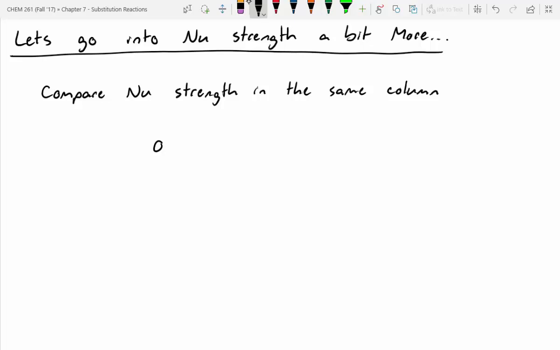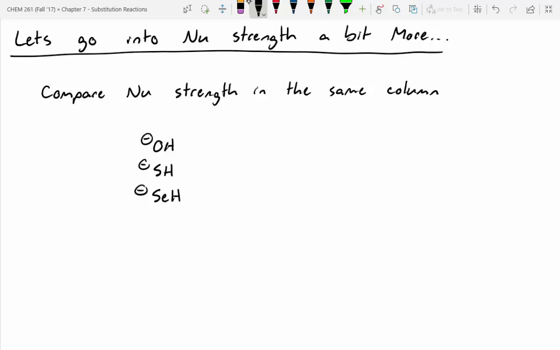So an example of this could be hydroxide. If we go down the column below oxygen, we have sulfur. If you go below sulfur, we would have selenium. So we've got a nice column of different nucleophiles that all are in that same group, right?